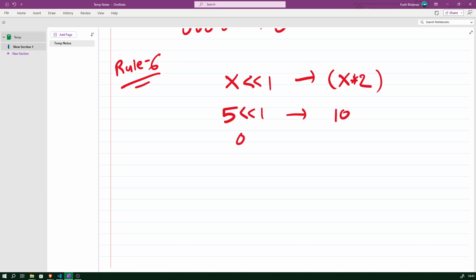So 5 is what? 0 1 0 1. And what is 10? 10 is 8 plus 2, so 1 0 1 0.